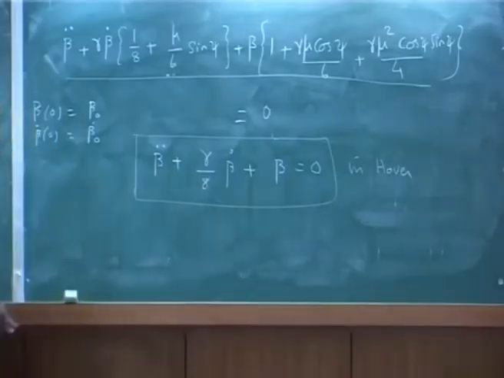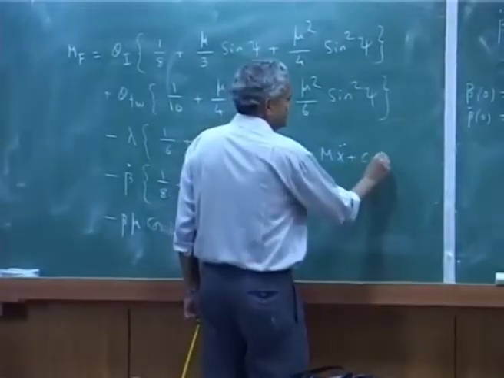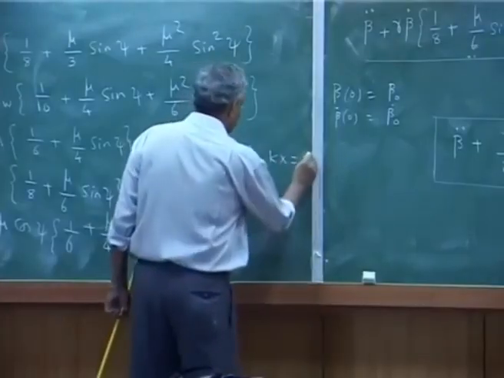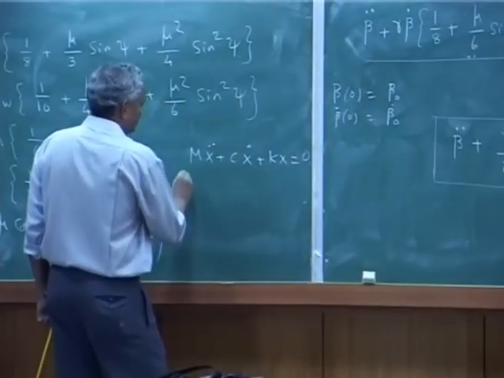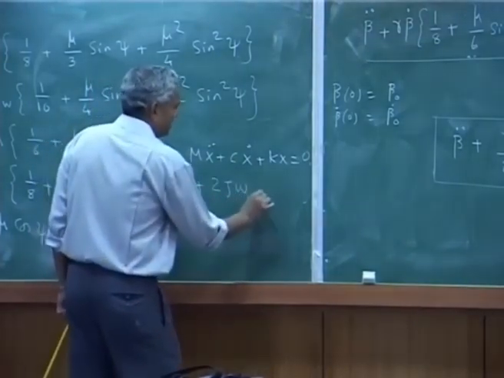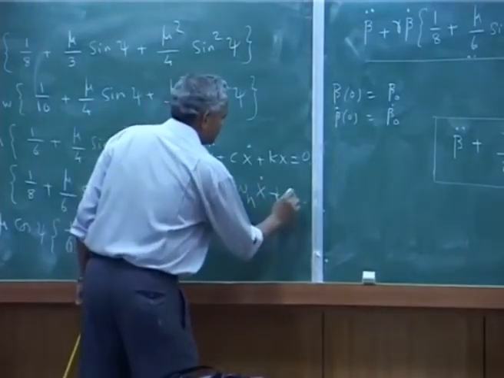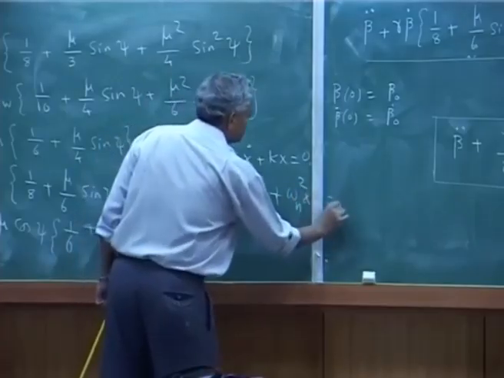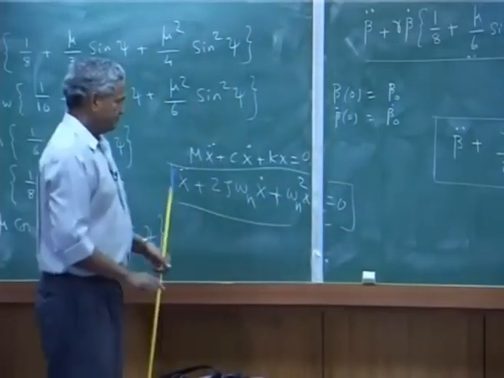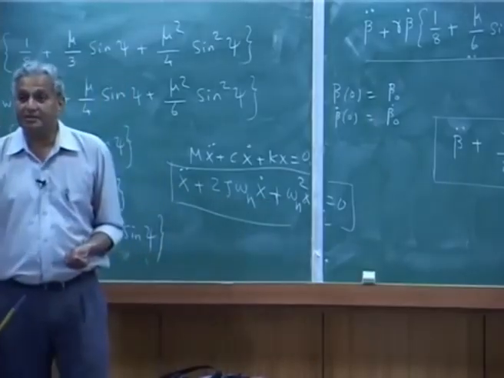This is very similar to, you have your mx double dot plus cx dot plus kx equals f of t. I am taking it as 0. You divide by m, you will have x double dot plus c over m, you will write it as 2 zeta omega n x dot, right? Plus k over m is omega n square x is 0. Omega n is the natural frequency of a spring.